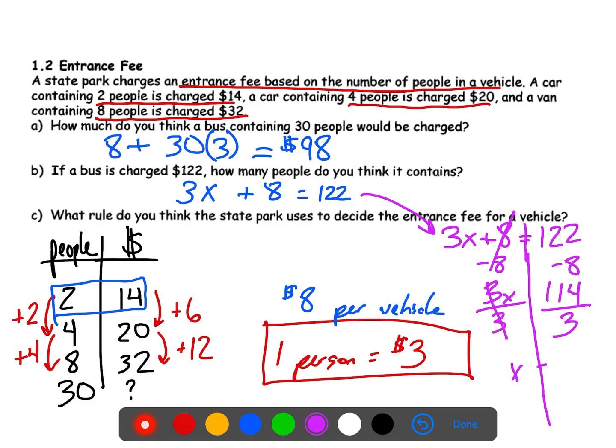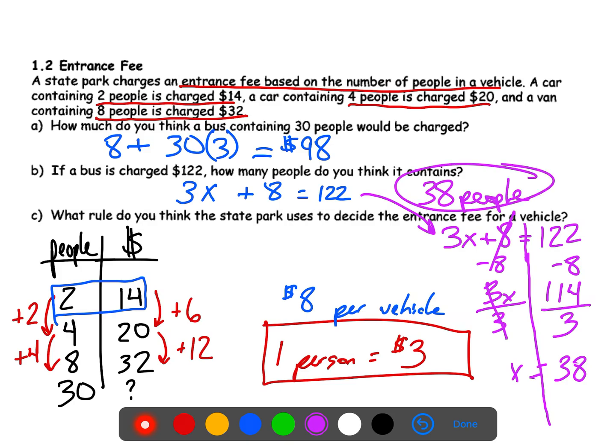It's going to tell me that x equals, let's see here, 114 divided by 3 is 38. 38 people would be on that bus.